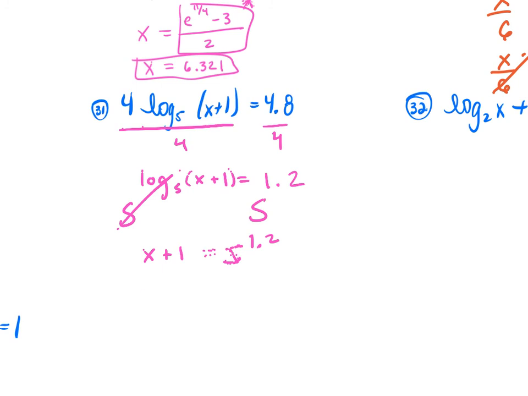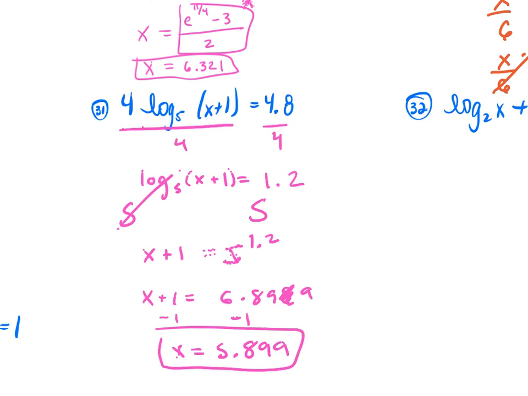So x plus 1 is equal to 6.899. So then we subtract 1, so x is equal to 5.899. Any questions here?